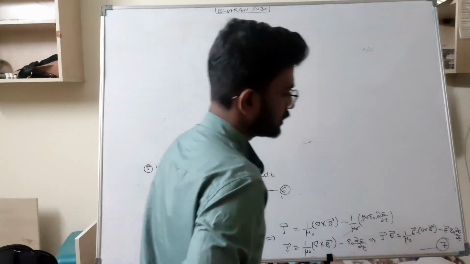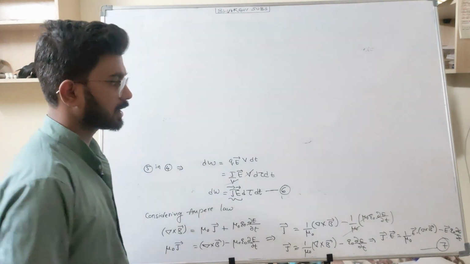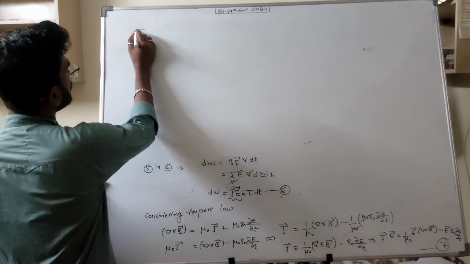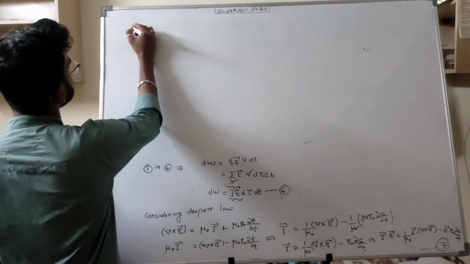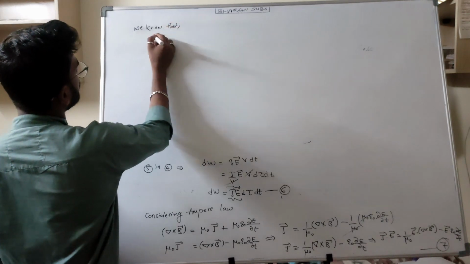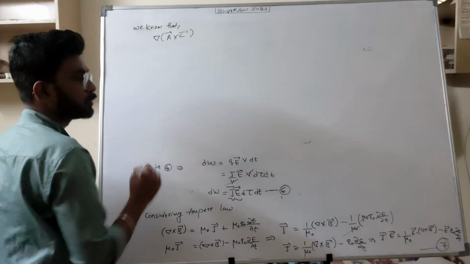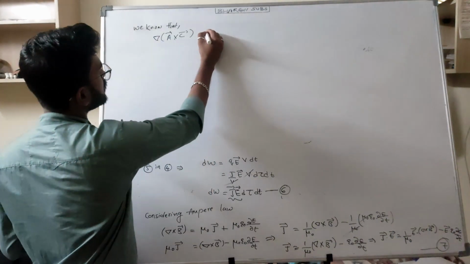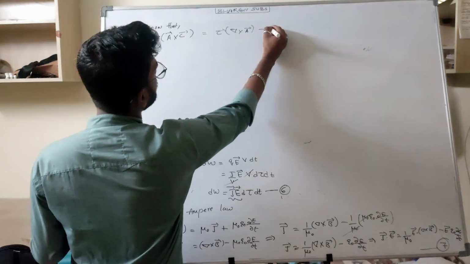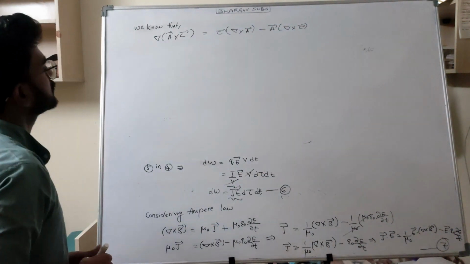Okay, work done formula. So first of all, before finding that, I know one vector identity. If I want to find del of A cross C, for example, I have two vectors, then what I can write? C bar of del cross A bar minus A bar of del cross C bar. I can write that. Correct?